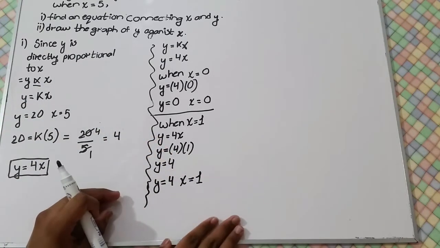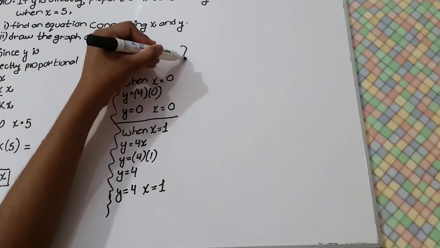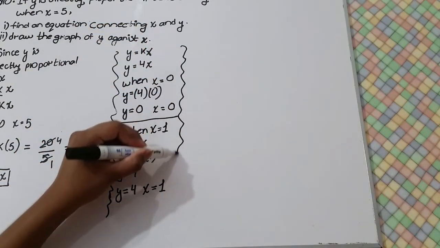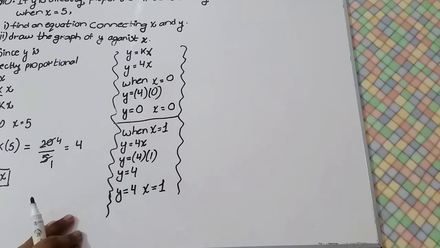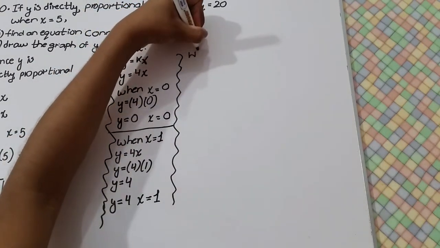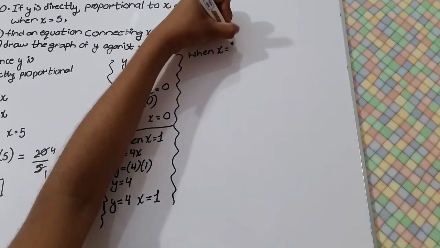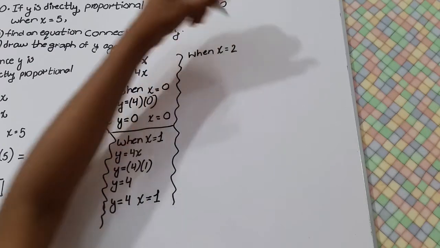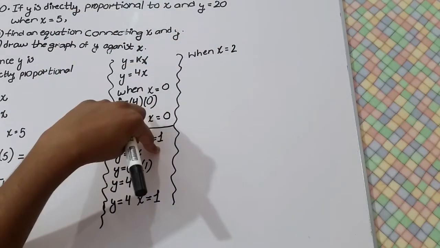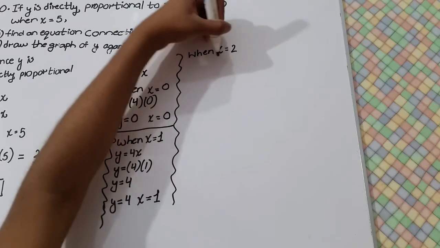So now let's move towards finding more values for the plotting of the graph. So when x is equal to 2, first we took 0, then we took 1, and now we took 2.